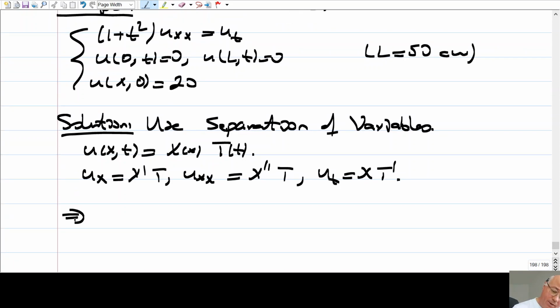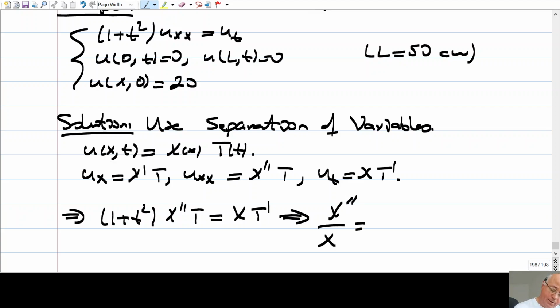When I plug this into the equation, I get 1 plus t squared, X double prime times T, is equal to X times T prime. And from this, we get X double prime over X is equal to 1 over 1 plus t squared, T prime over T.